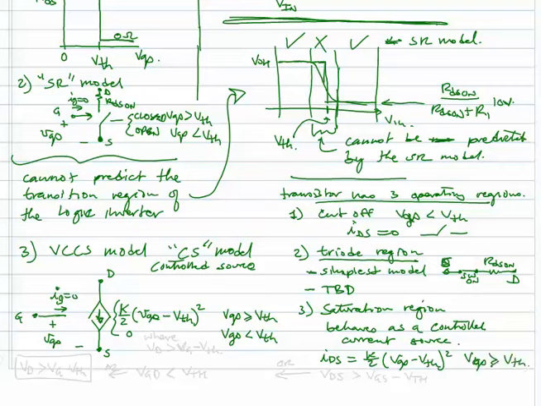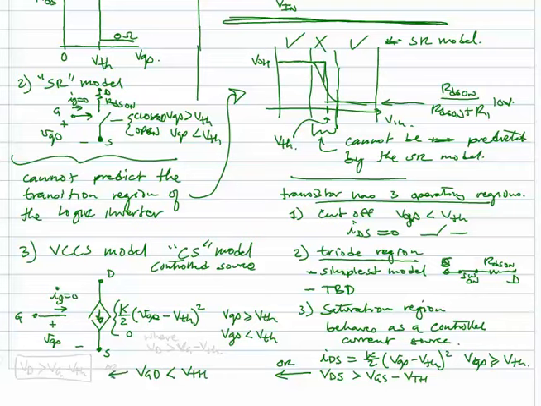The condition is that the drain to source voltage must be greater than VGS minus the threshold voltage. Or another way of writing that is that the gate to drain voltage must be less than the threshold.